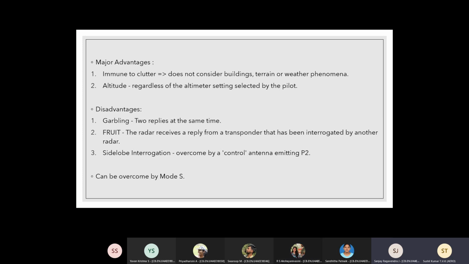So he replies. Then for Akshaya to hear, what should I do? I should be louder. I should shout, right? So when I shout, I must send some preamble in such a way that Sanjay knows that it is a second roll call and he doesn't reply.